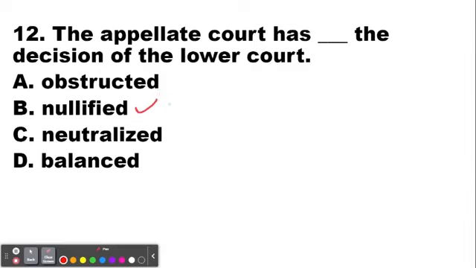Now, an appeal court can nullify the decision of a lower court, and to nullify means to make null and void and of no effect, okay? It is a legal terminology. And this is where vocabulary and register come in. There are certain words that are associated with law or the judiciary, if you like.